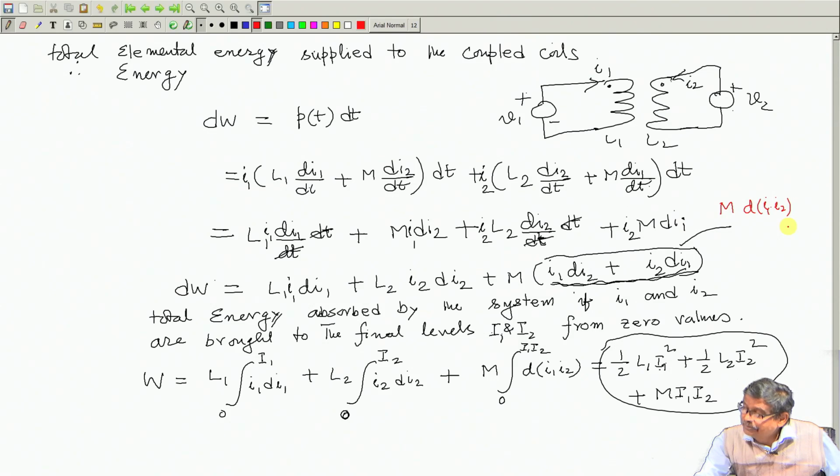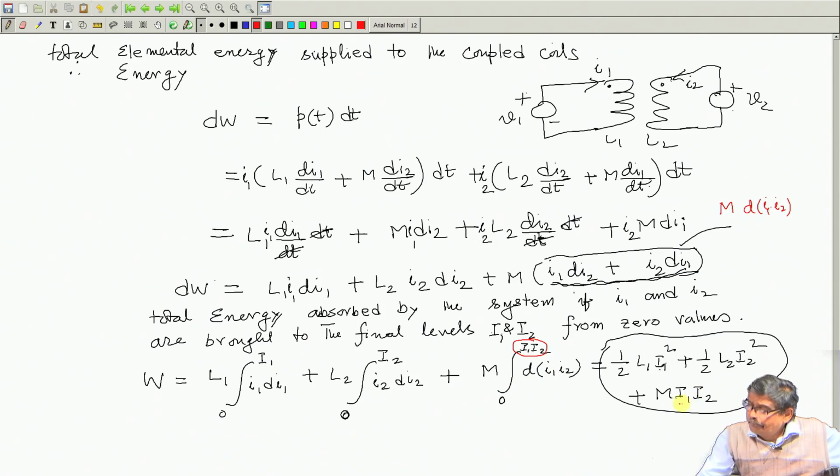And then you assume at this instant the current is capital I1, I2, and everything started from 0. So, the limit should be the product of these two, because the integral of this will be I1 I2, from 0 to I1 I2.